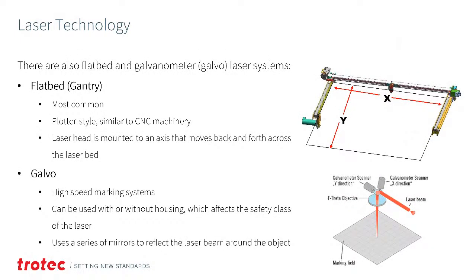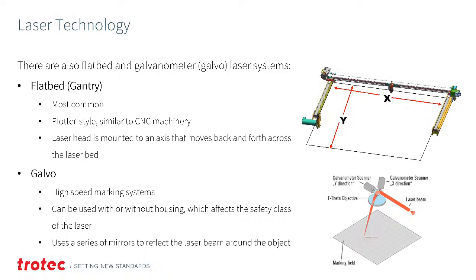Besides the type of laser, there are also two types of motion or delivery systems that we offer. Trotec offers flatbed, also known as a gantry motion system. This is the most common, and this is how the laser beam is delivered across the field. You put your product into the field, and the XY or gantry motion system will deliver the beam anywhere within that field.